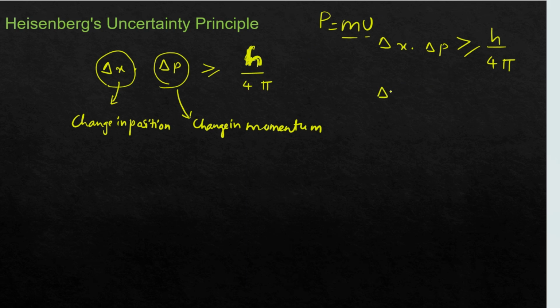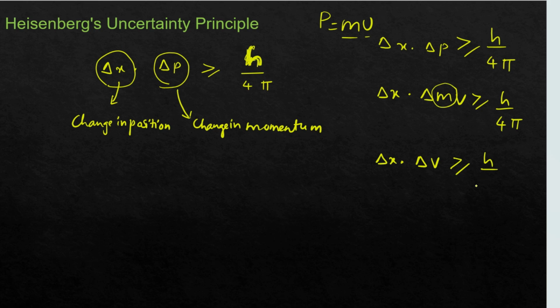If you substitute p equals mv, there is no deviation in mass; mass is always calculated as an exact value. So we can write delta x into delta v is greater than or equal to h by 4 pi m. This is the first form of the Heisenberg uncertainty principle, and this is the second form.